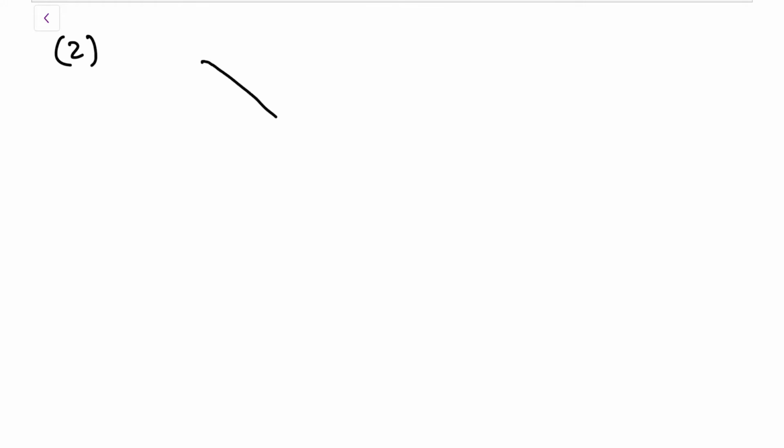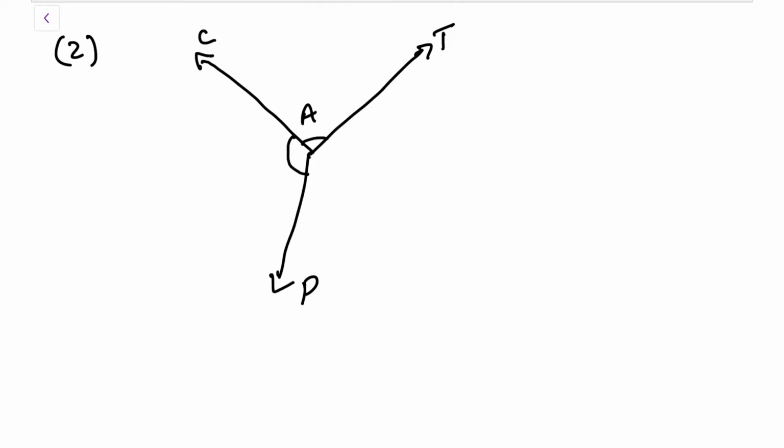Let's look at this. As you can see, this is A. AT is one ray, AC is another ray, and AP is another ray. How many angles are formed? That's right, 3 angles: 1, 2 and 3. Where are they formed?